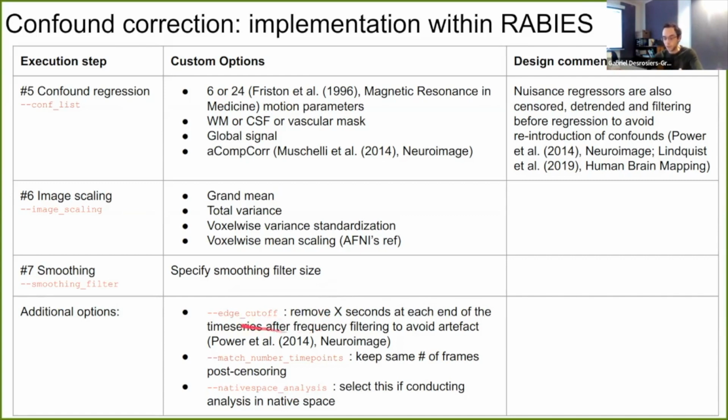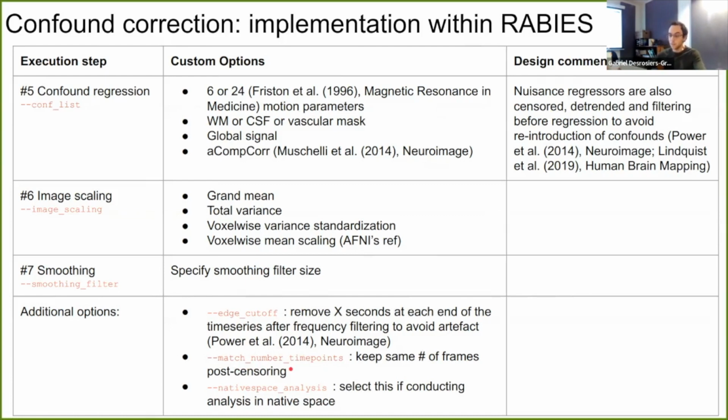So I've taken this from that reference by Power here, where he described that frequency filters can introduce artifacts at the edge. And to be more conservative, he recommends removing a certain number of seconds at each end. So you can consult that for further insights.